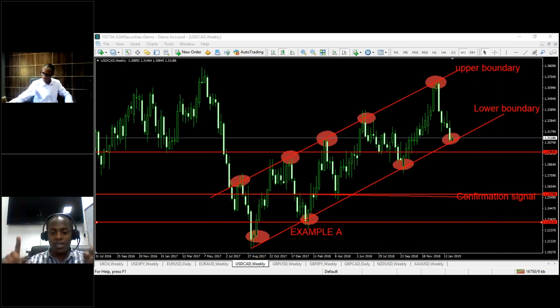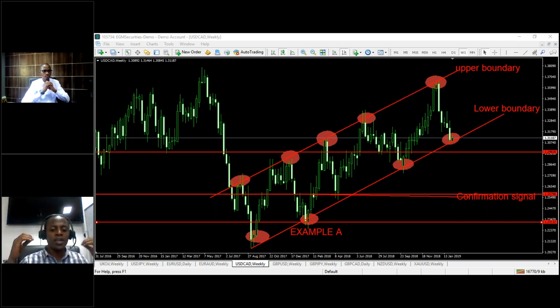Okay, one thing I should tell you is that never look at the market and see what the market should do. Look at what the market is doing, and that's the beauty of price action. And that's why I don't advise people to trade using indicators, because indicators cloud your judgment on what you should do or how the market should behave.